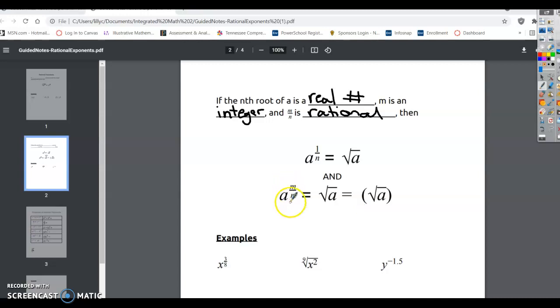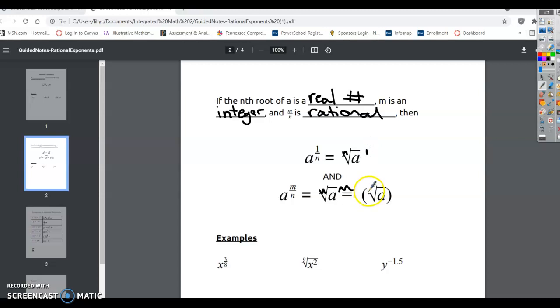All right, so I guess this is if m and n, this is just basically saying your m is your power and n is your index. So you need to fill this in. And then up here, n would be your root, and it would be to the first power.